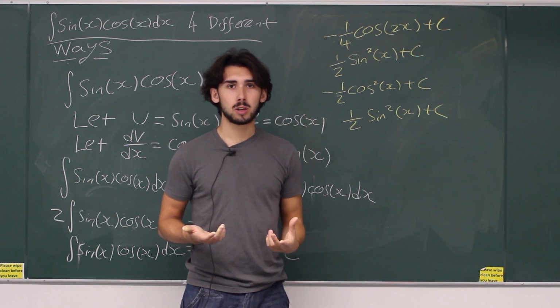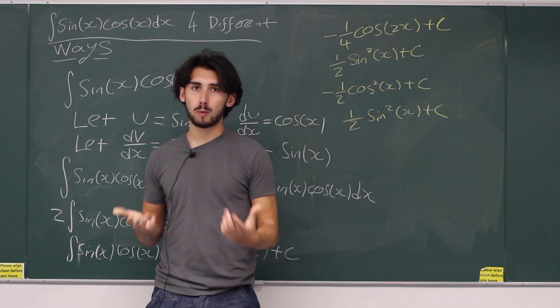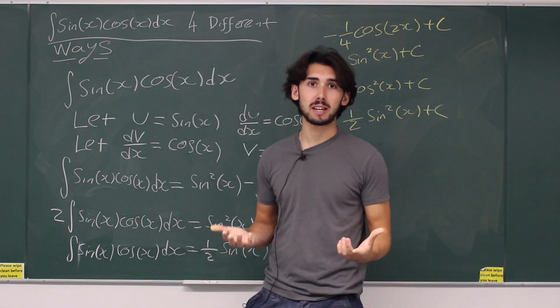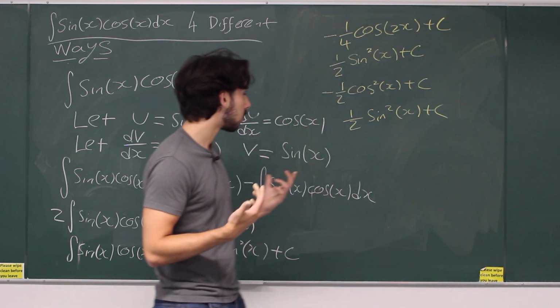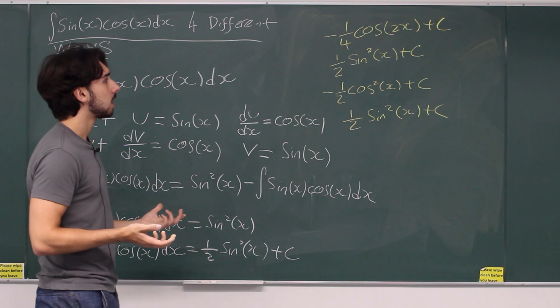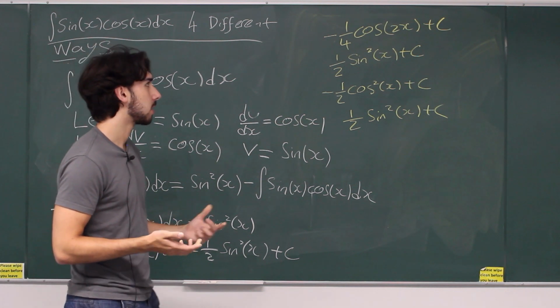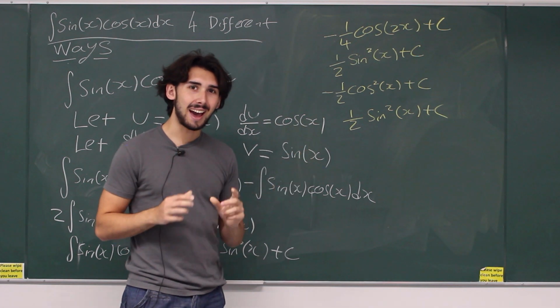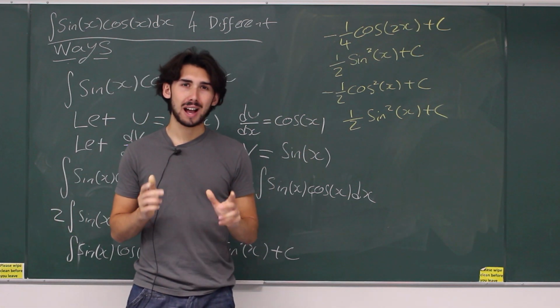So all 3 answers are different to each other, which is impossible because you've correctly integrated the same thing in 3 different ways, so it makes no sense that they're not equal to each other. The plus c allows the freedom for them to be equal to each other. That's the idea.